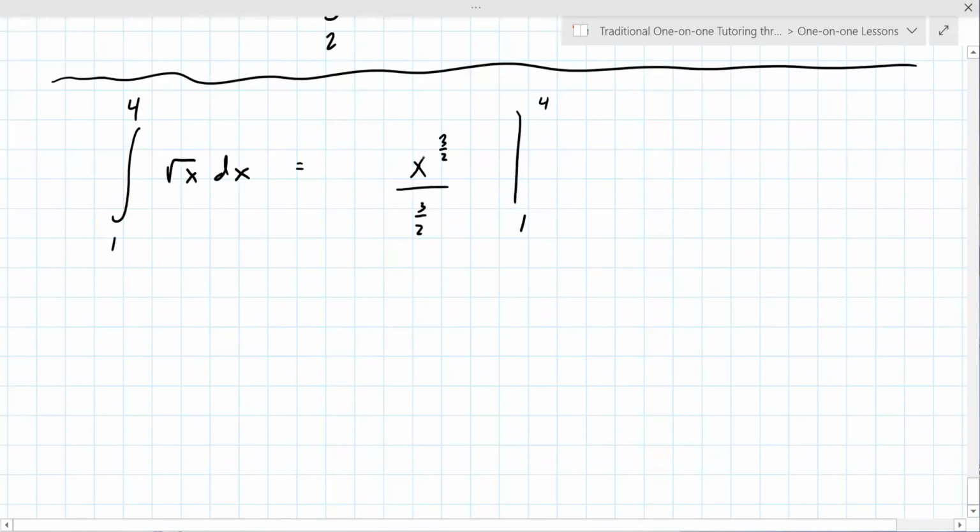So then it's 4 to the 3 halves over 3 halves minus 1 to anything is just 1. So minus 1 over 3 halves. How do you do 4 to the 3 halves? Yeah, so 4 is really 2 squared. And then you multiply the exponents.